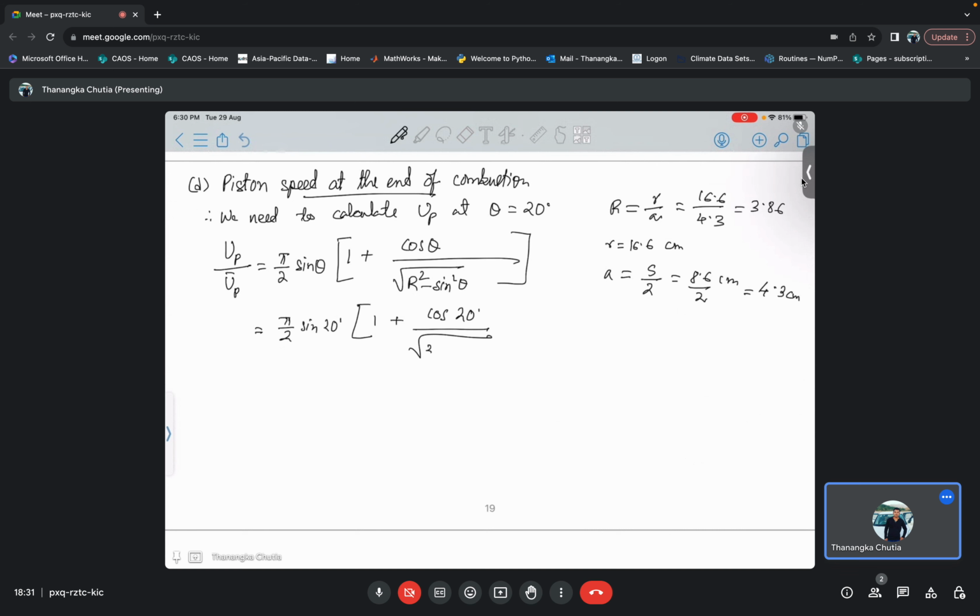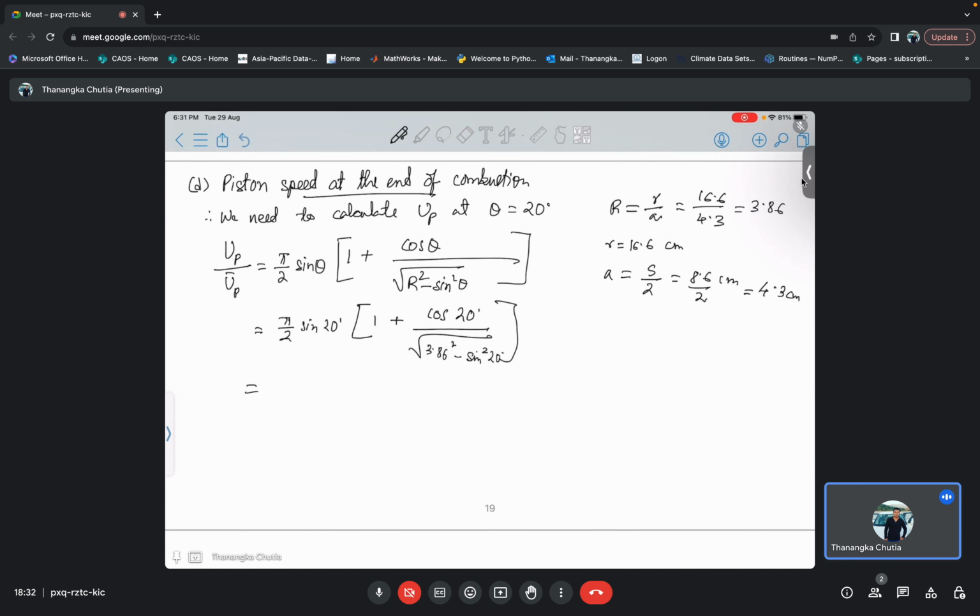So this will be root over 3.86 whole square minus sine squared 20 degree. Can you quickly do the right hand side? Cos 20 divided by root over 3.86 whole square minus sine 20 whole squared, plus 1, into 0.5 into pi into sine 20.